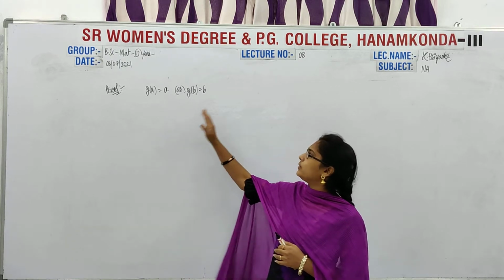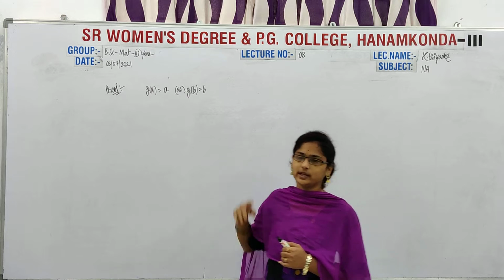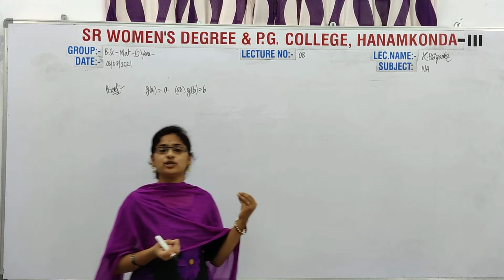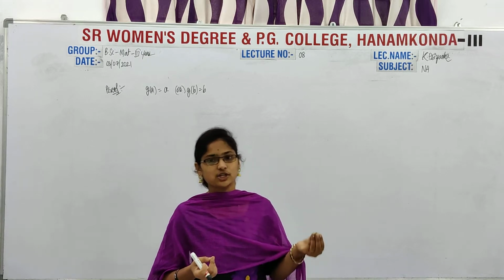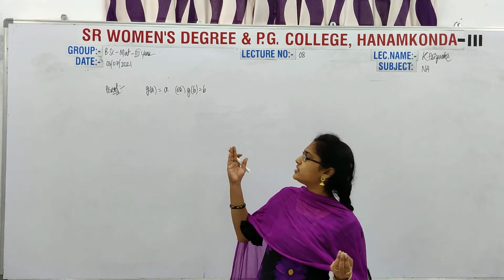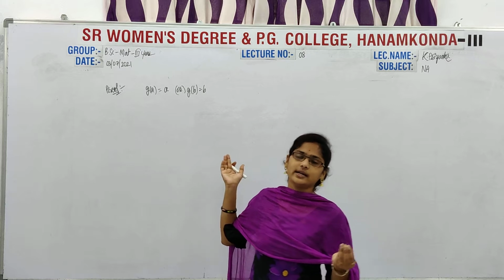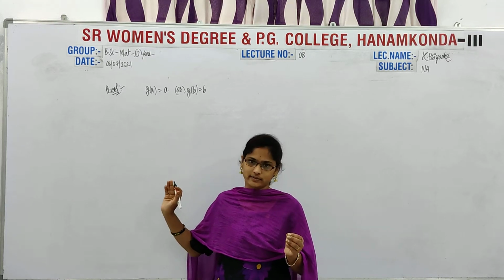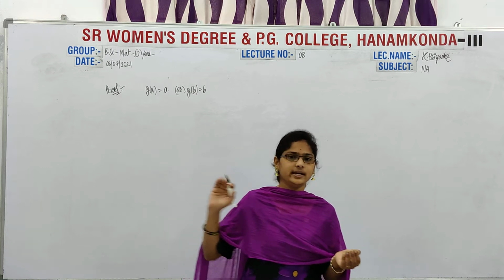If it is equal to a and if it is equal to b, that means by taking the interval a and b and substituting the value of a in the function, we get g of a is equal to a and g of b is equal to b. So these are nothing but the minimum value and maximum value. That is the concept of the interval.